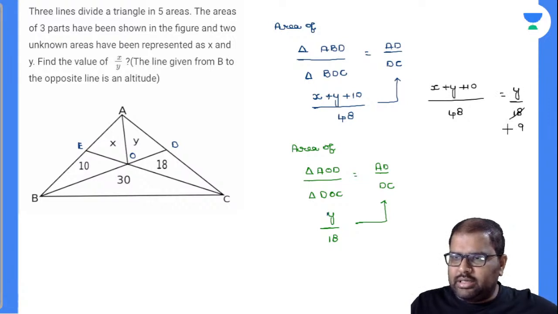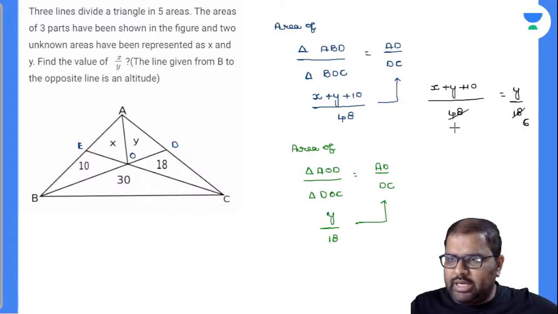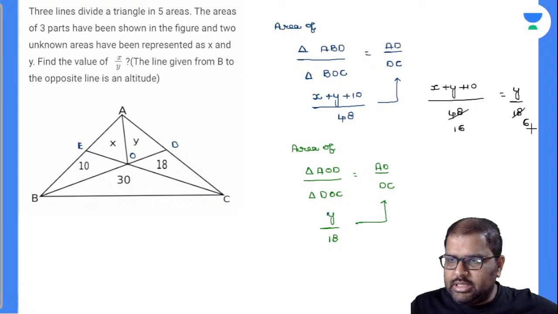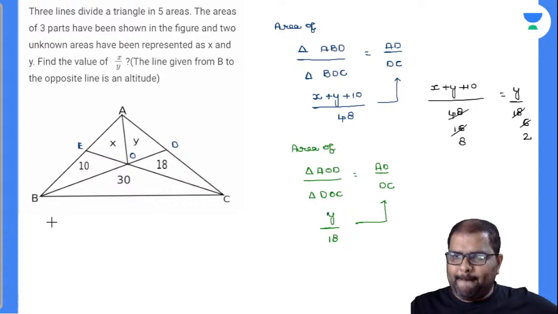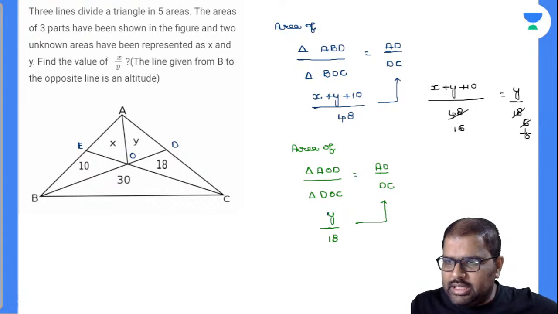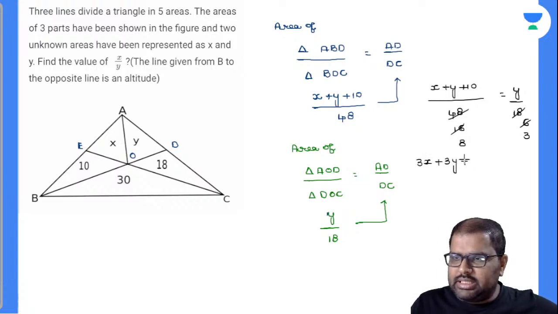This is 2 3s are, 2 8s are. Okay, right? So finally my equation will become 3x plus 3y plus 30 is equal to 8y. So finally I'll get an equation there.